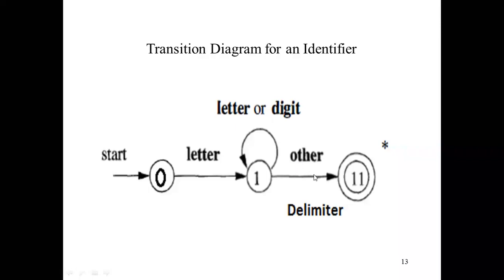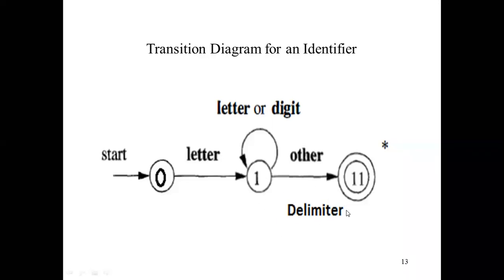Then it will move to other. That is, the other here means delimiter. Delimiter means tab, blank space, white space, anything. Whenever we write any expression in the form of a string, we will also get blank spaces and white spaces.